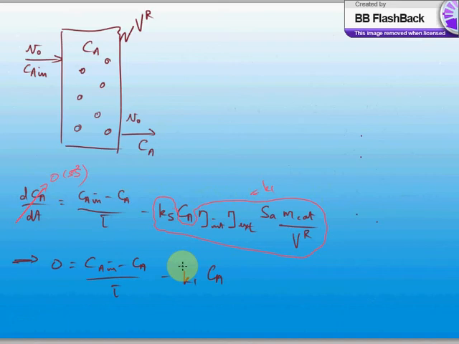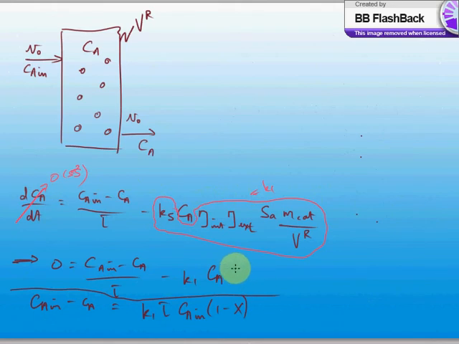More effectively, we could rewrite this in terms of conversions. So in fact, let's just take one across here. Let's just rewrite it as Ca in minus Ca is equal to K1 times tau times Ca in times 1 minus x. Remember, we can rewrite Ca as Ca in times 1 minus x, where x is the conversion.